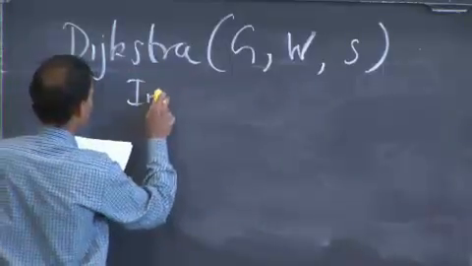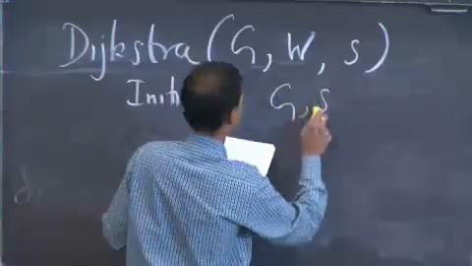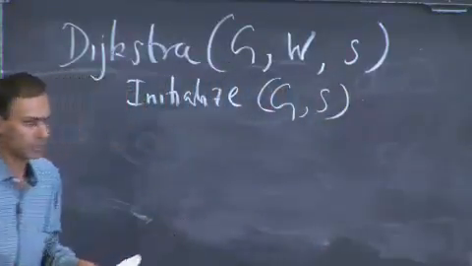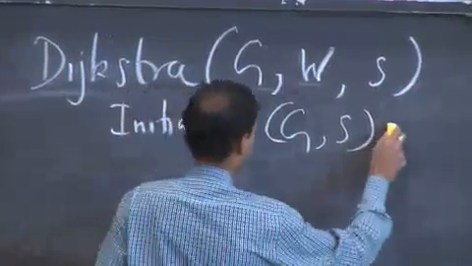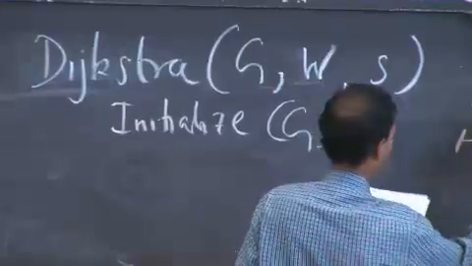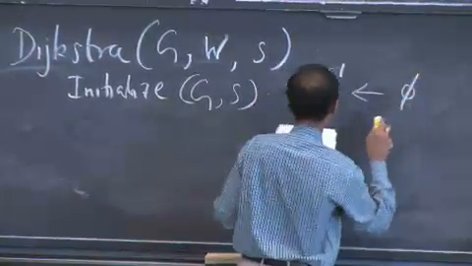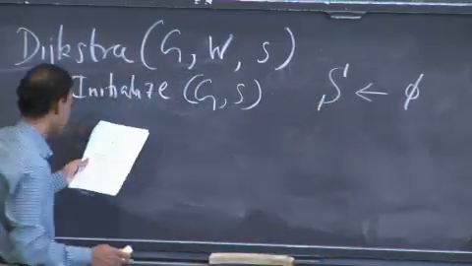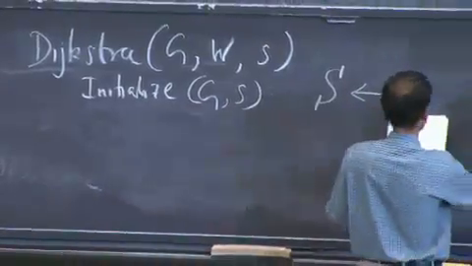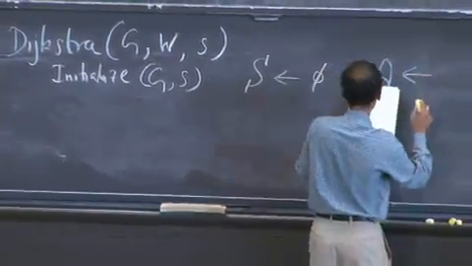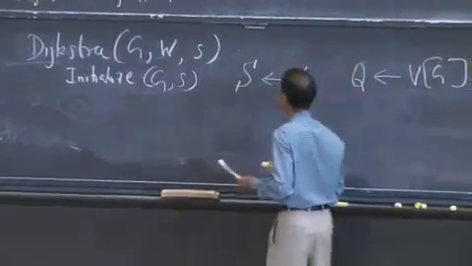We're going to initialize G and S, which means we just mark S as the starting vertex, and we're going to also have this capital S that I'll use these little bars to differentiate from small s. So this is a set, capital S is a set. And we're going to initialize that to null. And there's another set called Q, which is initialized to the entire set of vertices.